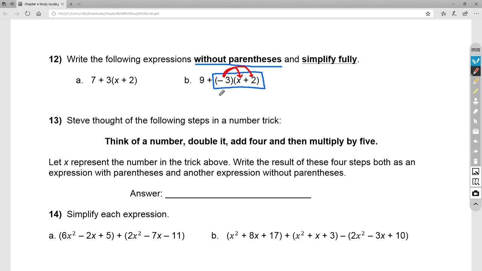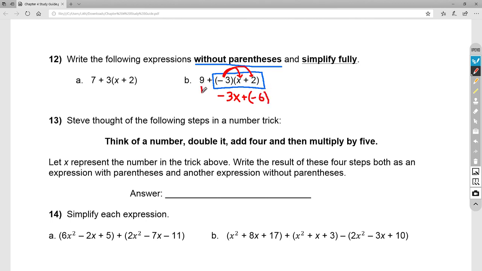So negative 3 times x would just be negative 3x. Then we do negative 3 times 2. Negative 3 times 2 is negative 6. So I'm going to write plus negative 6.